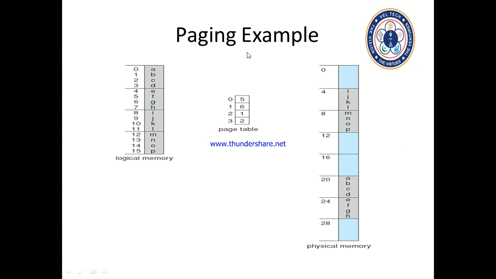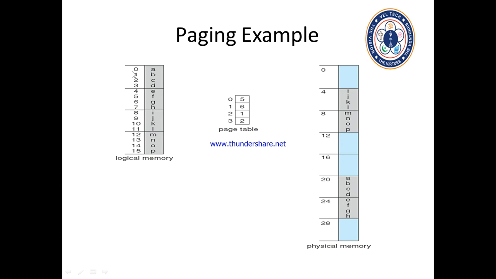Another example for paging: here the logical memory is divided into pages. This is page 0 with 0, 1, 2, 3; page 1 with 4, 5, 6, 7; page 2 with 8, 9, 10, 11; and page 3 with 12, 13, 14, 15. We keep a record of these pages in the page table.